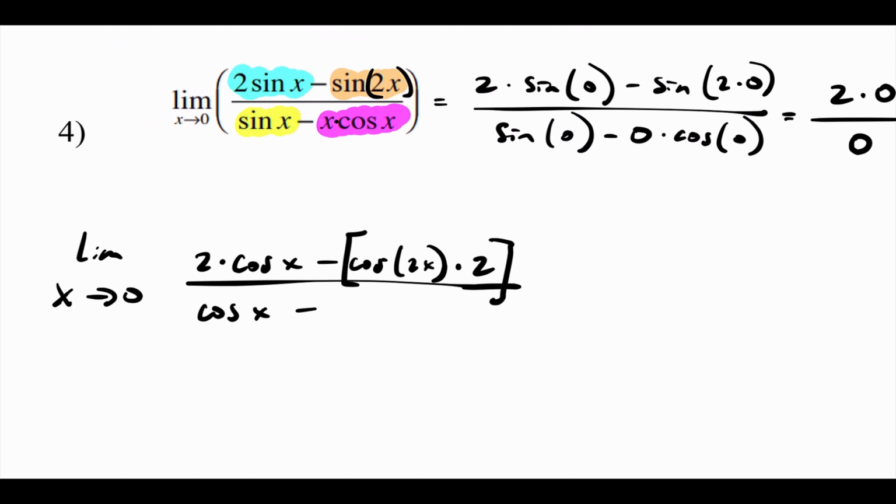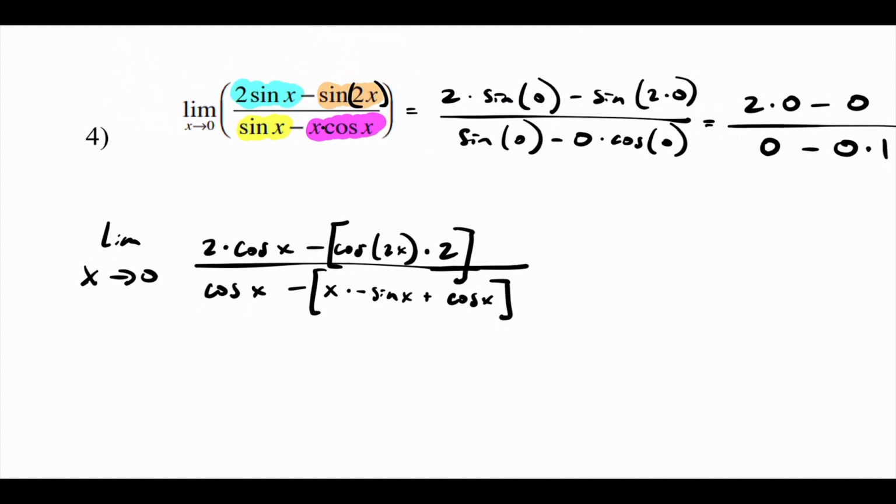X is a function, so they're being multiplied together, so I have to use product rule. Okay, so I'm going to put these in, because all of these go together. So product rule says the first times the derivative of the second. The derivative of cosine is negative sine plus the derivative of the first, which is 1, times the second.